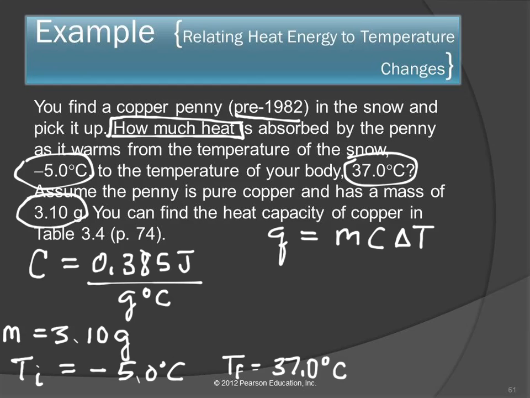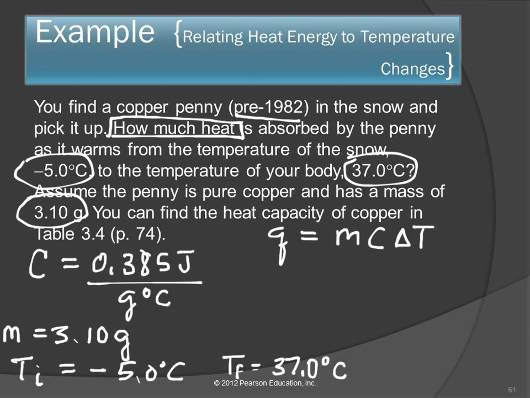I know you probably think it should be H. It's always Q, I don't know why. So to find the heat, we need the mass, and they gave us that. We need the specific heat capacity. They told us to look it up, so we did. And we need delta T. Do we have delta T yet?